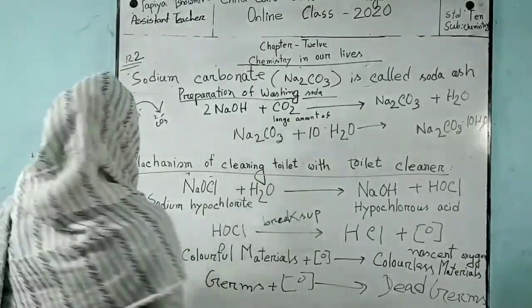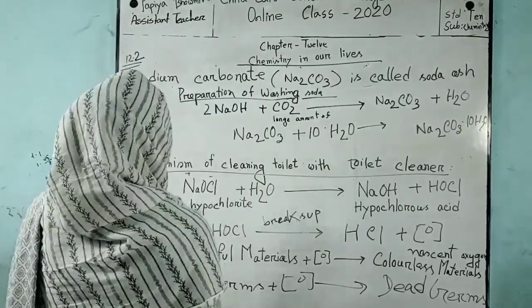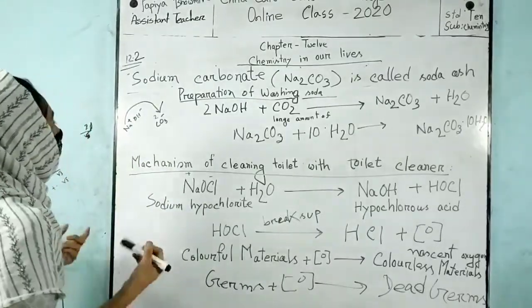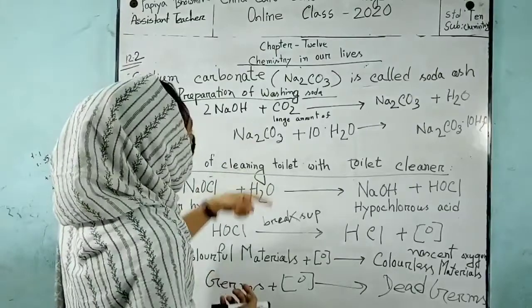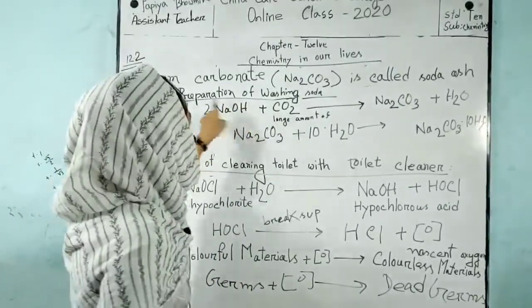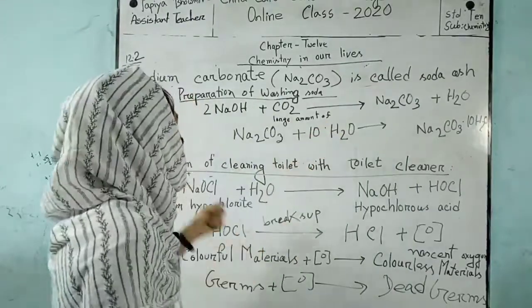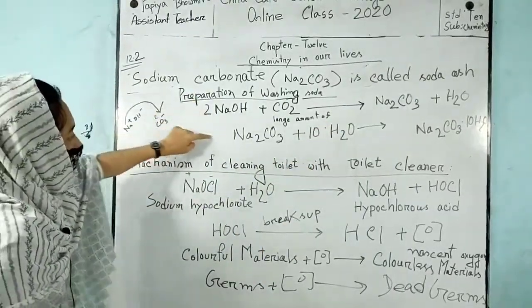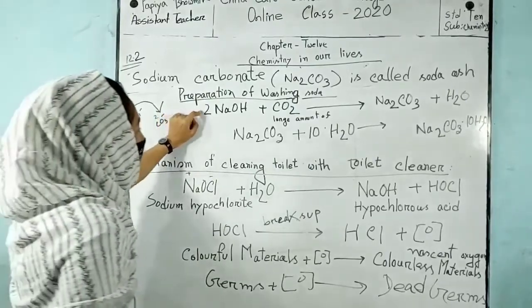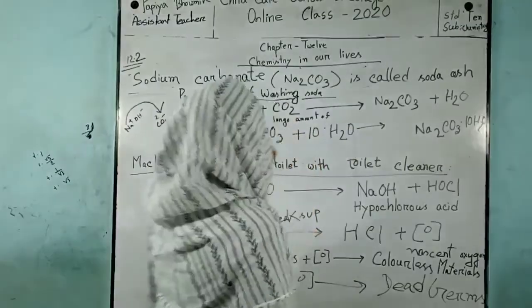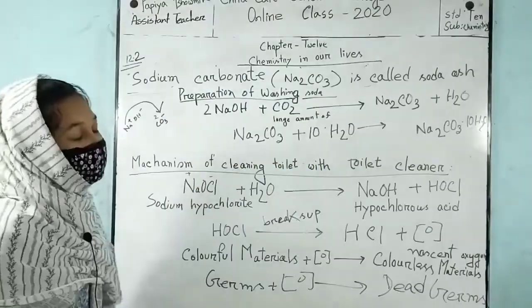It is important to write down the preparation of washing soda, to understand the steps. The first step is sodium hydroxide reacting with carbon dioxide to produce sodium carbonate, and this sodium carbonate is dissolved in water.